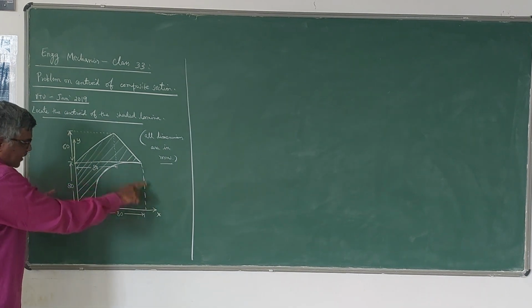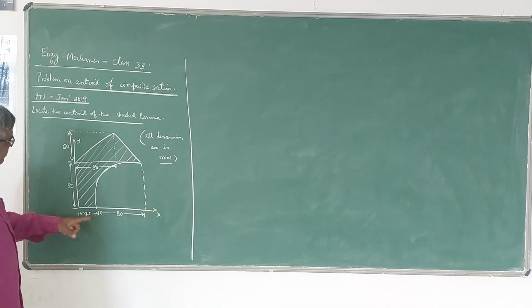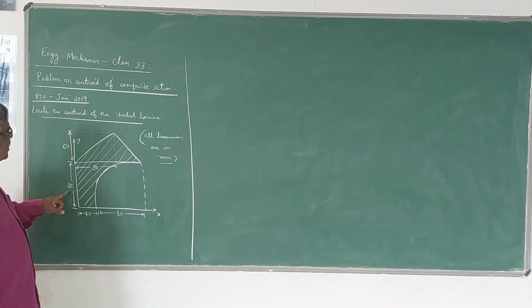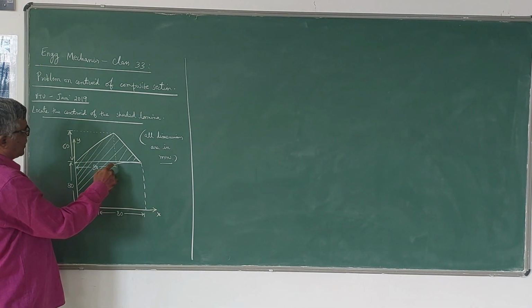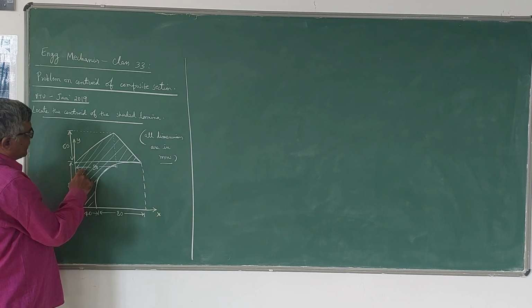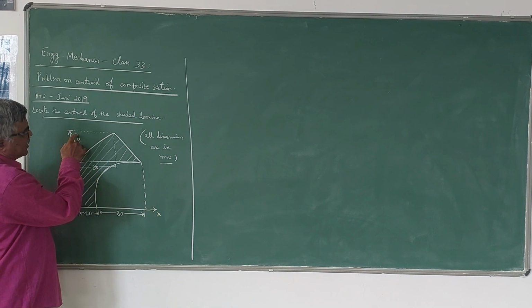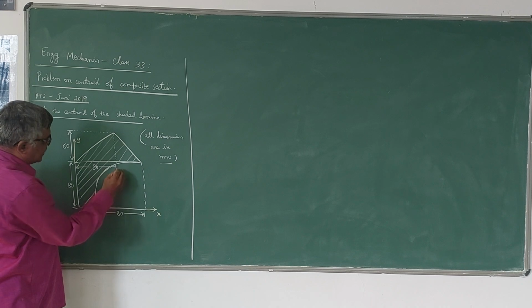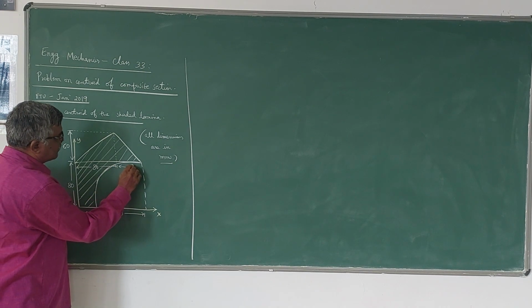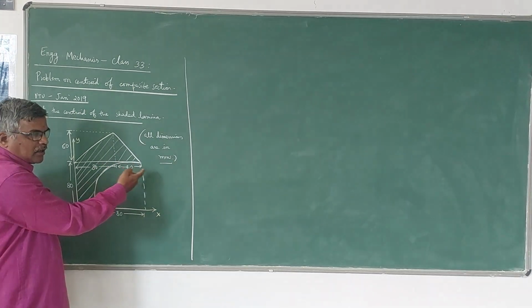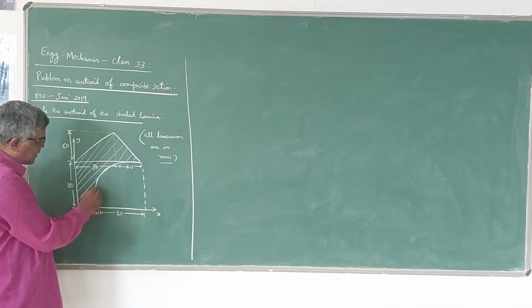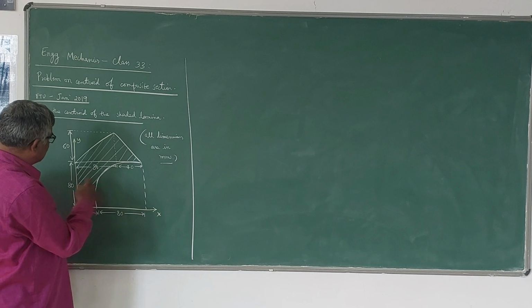So it consists of a rectangle of dimension 120 by 80 mm. Then a triangle of base 80 and height 60, and another triangle of base 40 and height 60, and a cutout portion of a quarter circle with radius 80 mm.